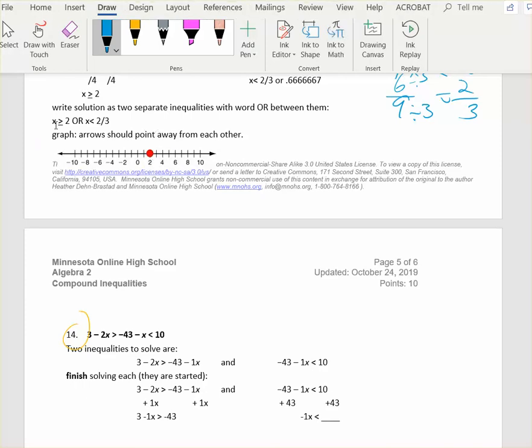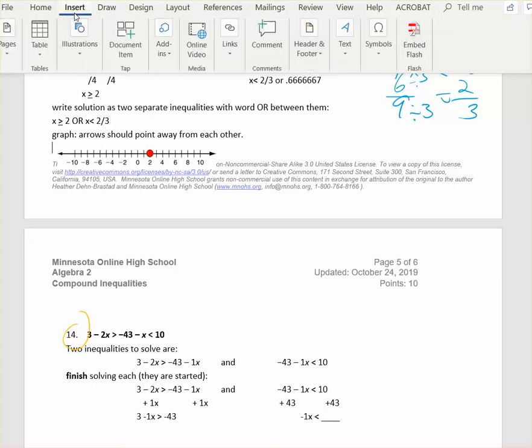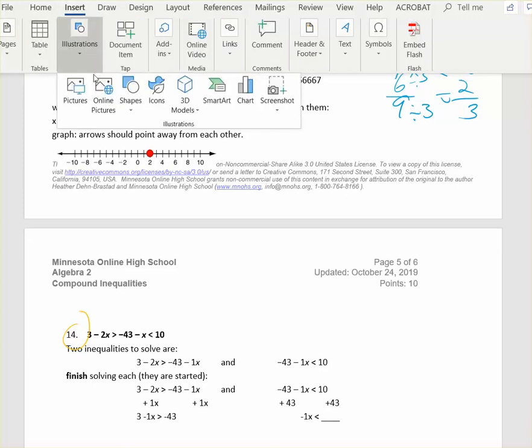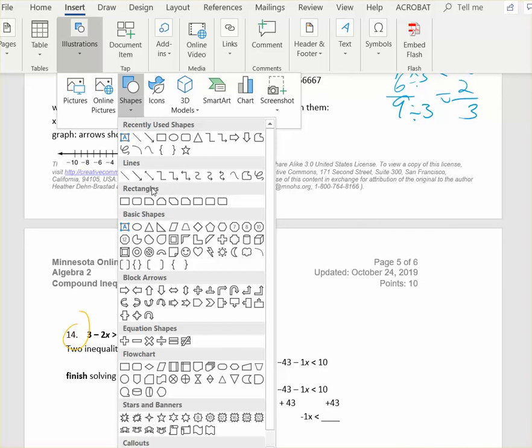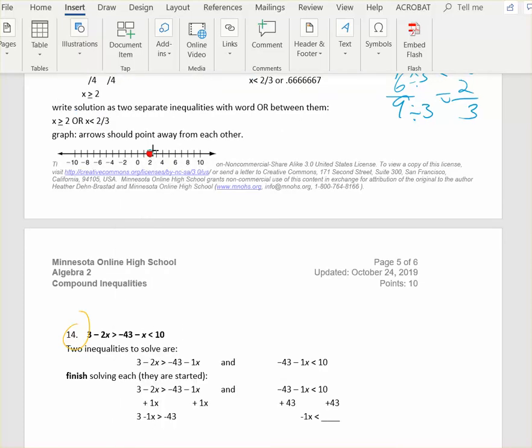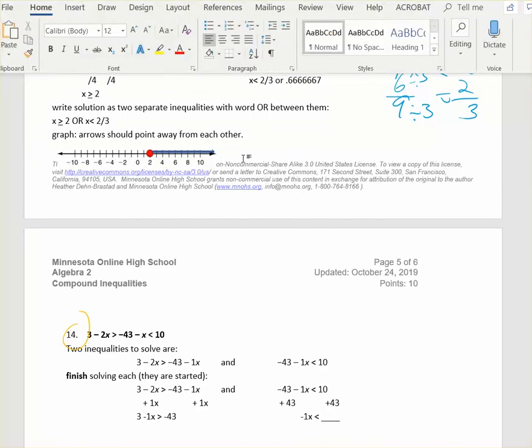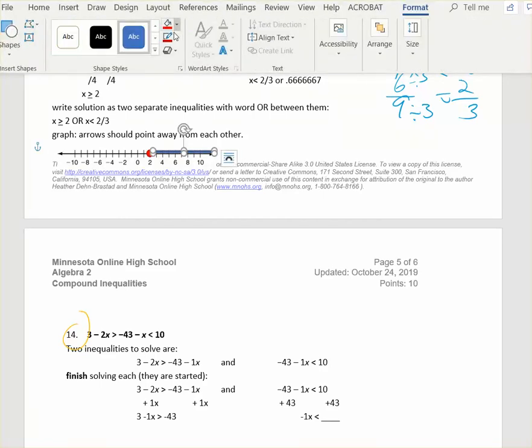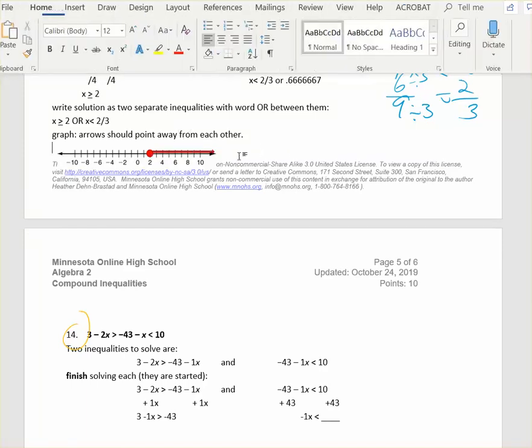And I want that one to show greater than 2, so like 3, 4, 5. So I'm going to insert an arrow because I don't have one yet. I kind of like these block arrows. So I need to draw an arrow that shows that I want to include everything this way. And again, you can change the formatting of this. You can turn it red.